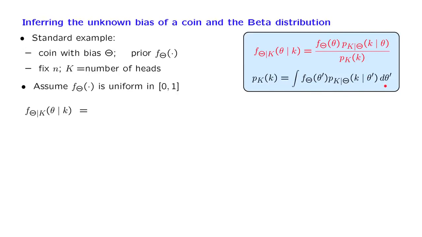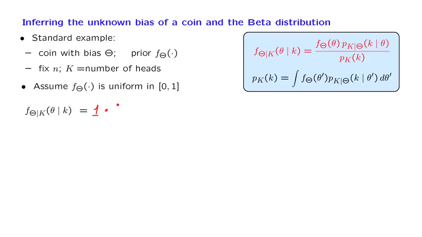So now let us apply this formula. We first have the prior, which is equal to 1. Then we have the probability that k is equal to little k. This is the probability of obtaining exactly k heads if I tell you the bias of the coin.